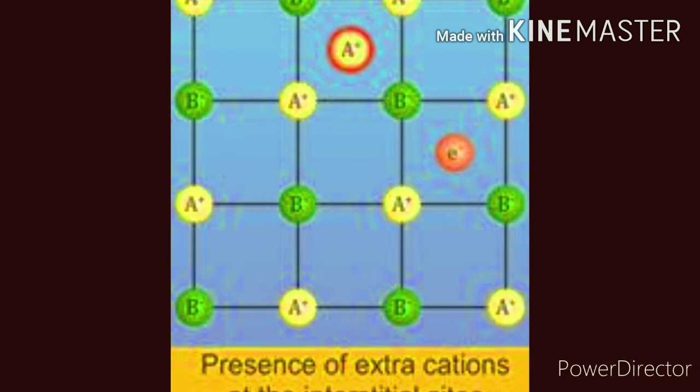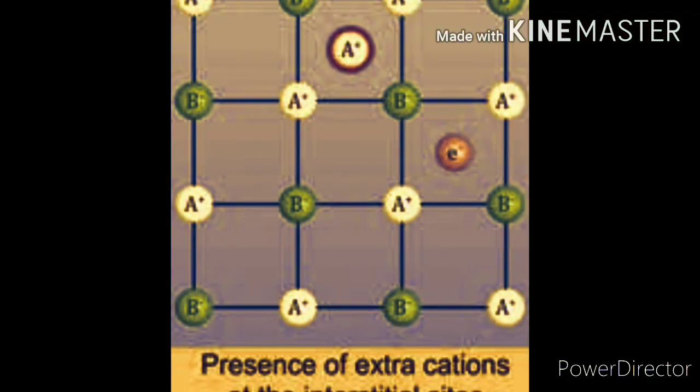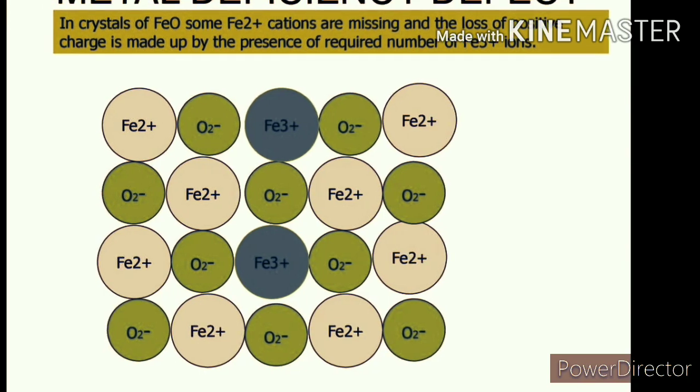For example, in zinc oxide, when the zinc oxide is heated, the oxygen escapes out, and the zinc ion and the electrons occupy the interstitial site. Such types of crystalline solids act as semiconductors, as they have free electrons, but not like the metals which are conductors.